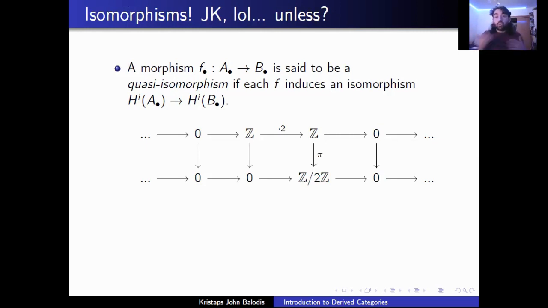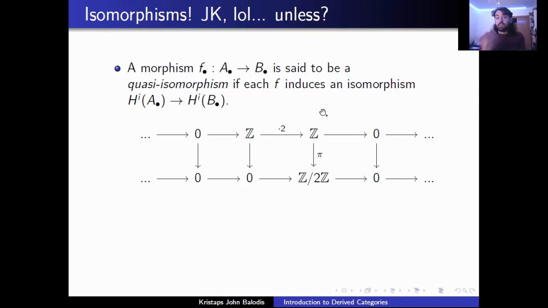I'm not going to go too deep into the explanation, but if you pause the video and think about it for a moment, you should see that both of these above, if everywhere is a zero map except for this projection map pi, we have a morphism of complexes. And if you think about the cohomology, it's zero everywhere except for the slot where the pi is.